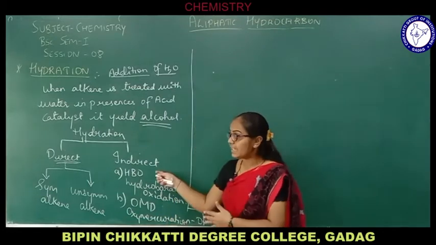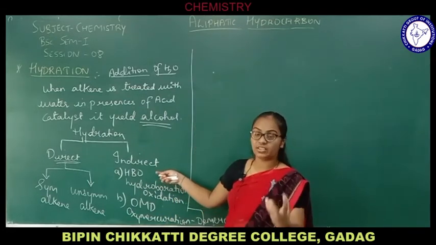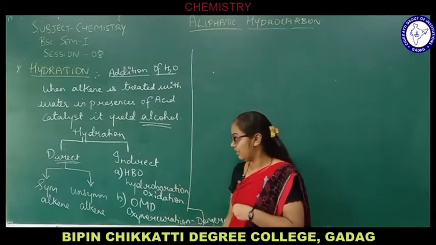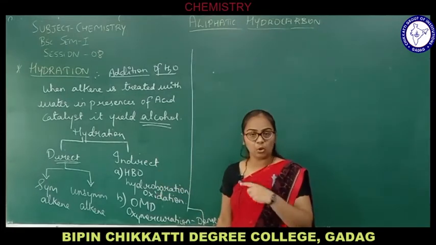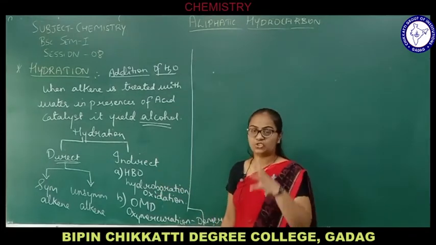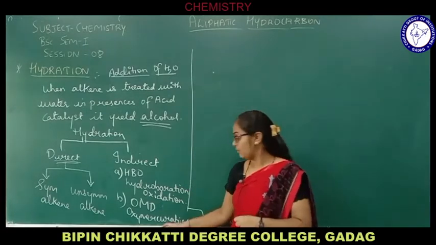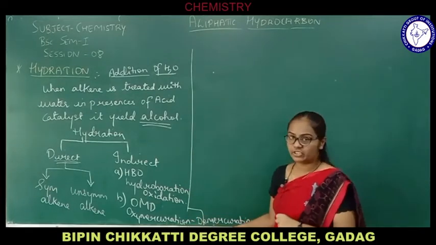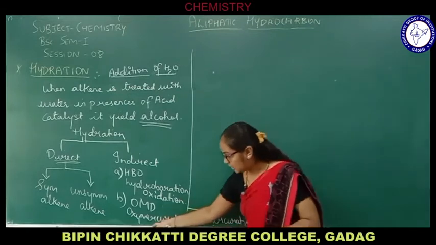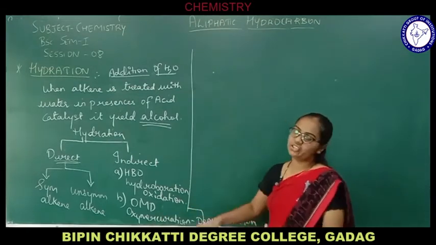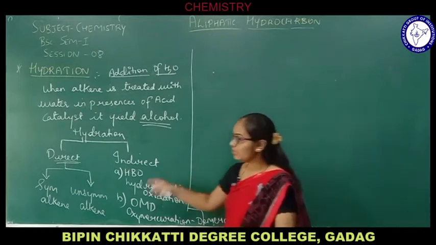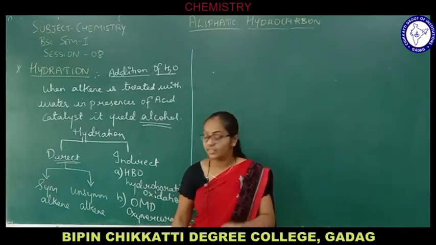Whereas the indirect method involves two methodologies. The first is hydroboration oxidation, and the second is oxymercuration and demercuration. So these are the methodologies we need to understand here.